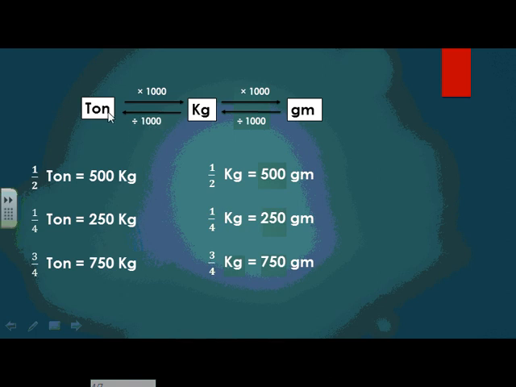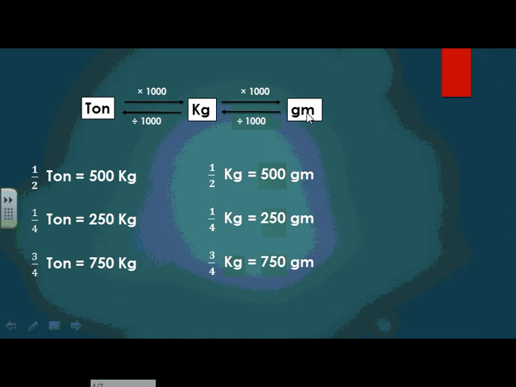So if I'm going to change from ton to kilogram, I'm going to multiply times 1000 because 1 ton equals 1000 kilogram. Changing from kilogram to gram, I'm going to multiply also times 1000. So 1 kilogram equals 1000 gram.